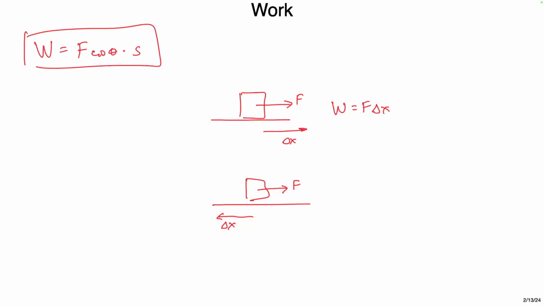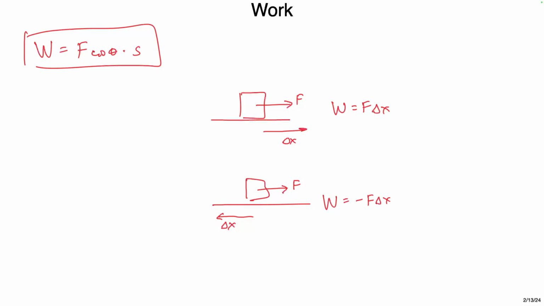The point I'm trying to make here is that when we are looking at work, we have to be mindful of what direction something is moving and what direction the force we're trying to determine is doing its thing. So this work right here would be minus F delta x. And where did the minus sign come from?